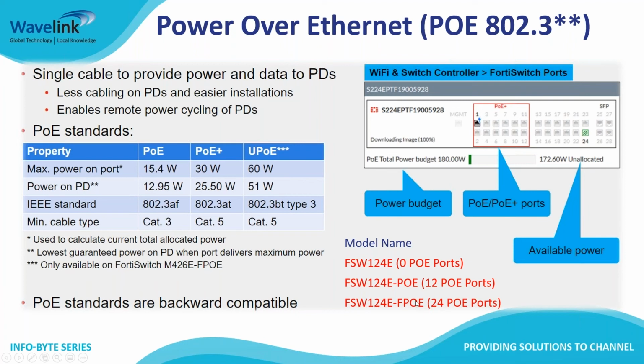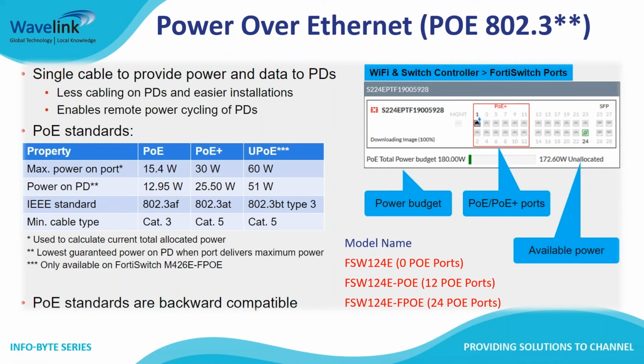So what's the difference here? Until the E series, it's quite easy to understand. If you see FSW 124E with no mention of PoE in the model name, then that means there are no PoE. That switch is not PoE capable.